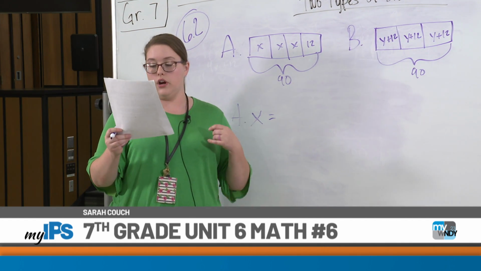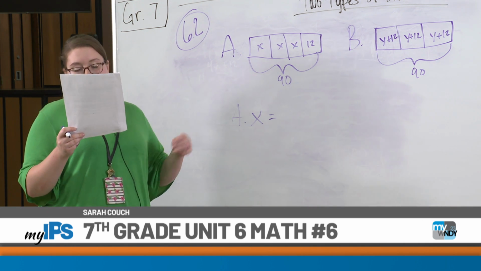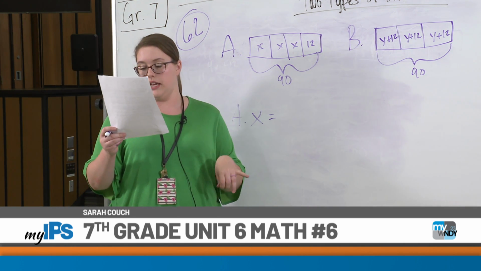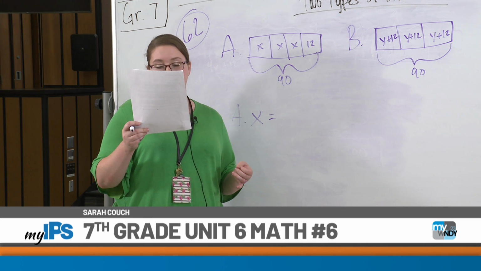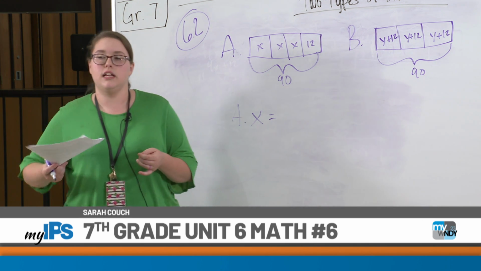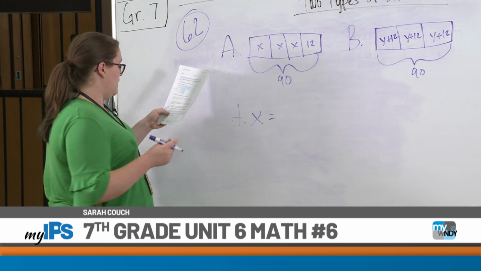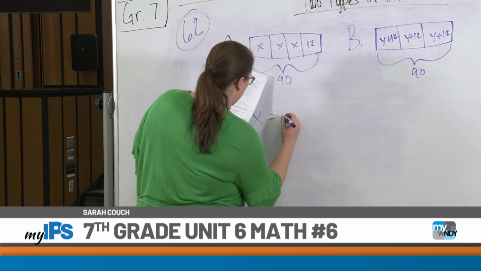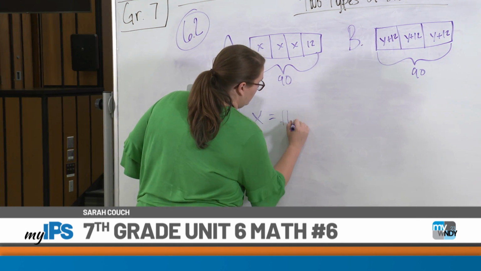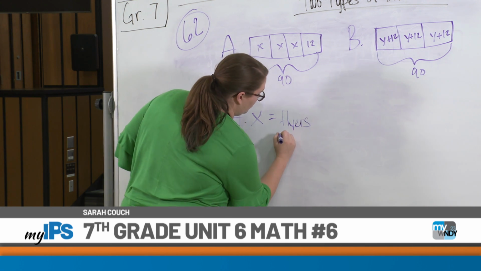What are we looking for? Unknown. So she took the remaining flyers and divided them up equally between 3 volunteers. Well, the remaining flyers, we don't know exactly what number that is, so that's our unknown, that's our variable. So x equals the flyers given per volunteer.